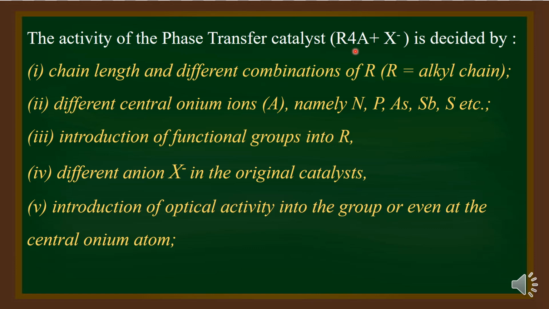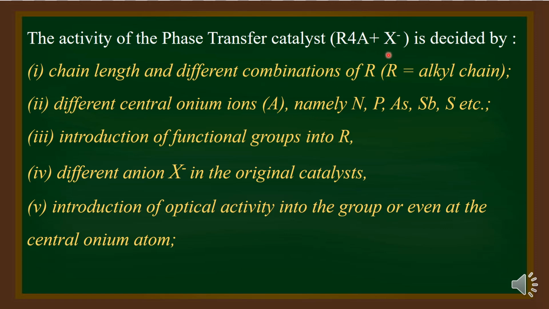So maybe in the next module we will discuss the conversion of alkyl halides into alcohols with aqueous sodium hydroxide, where we are making use of a phase transfer catalyst called beta 9, which has got a functional group, carboxylate ion, in the group R. Therefore, introduction of a functional group into this group R is altering the catalytic property of the molecule.